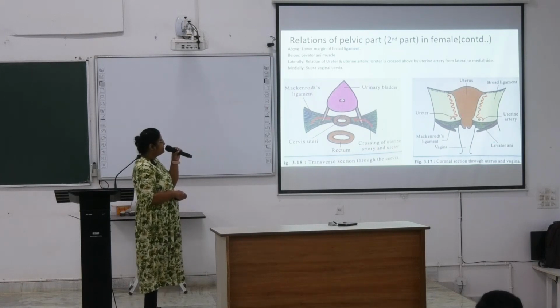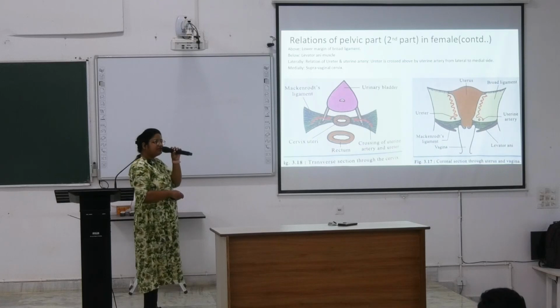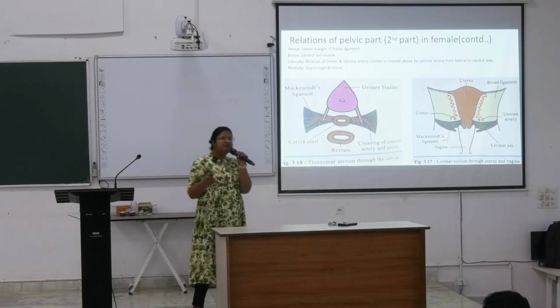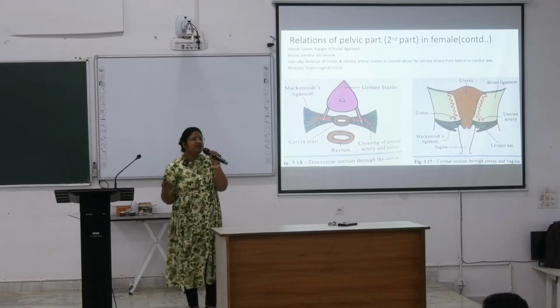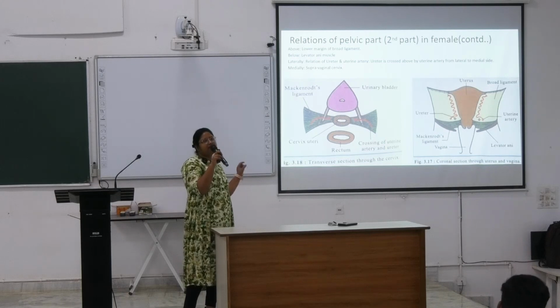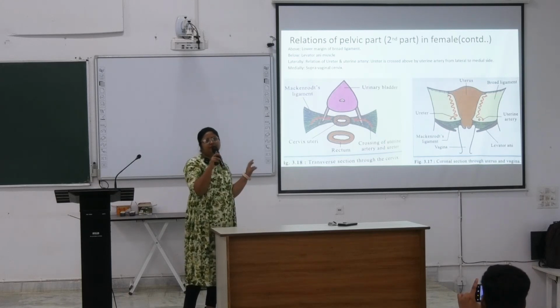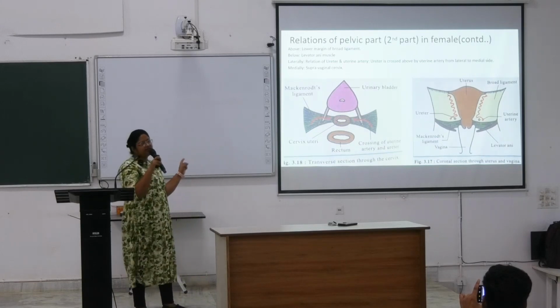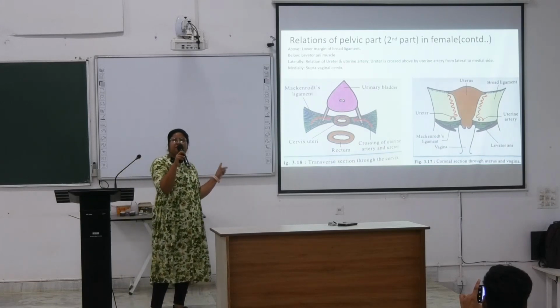Okay. It is crossing the ureter, above the ureter, from lateral to medial side. In this area, during bleeding during childbirth or due to any other trauma, if we have to ligate the uterine artery, we have to be careful because the ureter is lying in very close relation with the uterine artery.